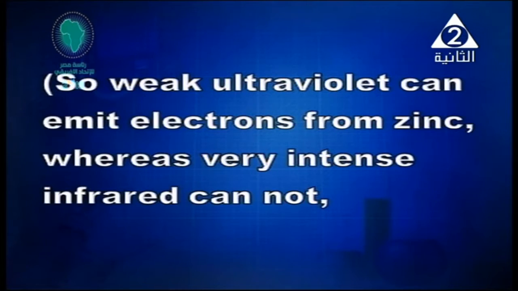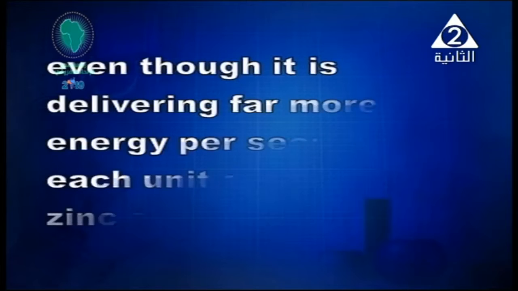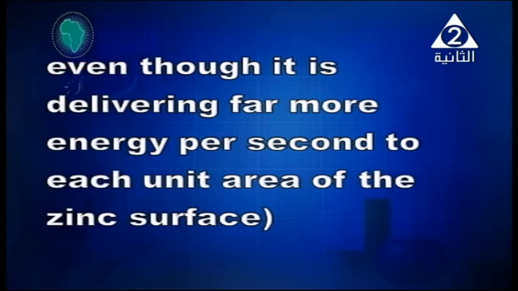So weak ultraviolet has high frequency, so weak ultraviolet can emit electrons from zinc, whereas very intense infrared cannot, even though it is delivering far more energy per second to each unit area of the zinc surface.